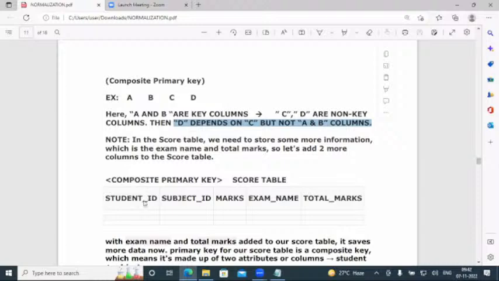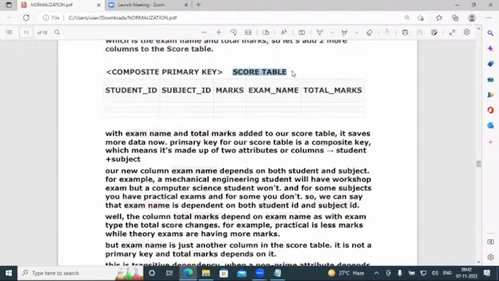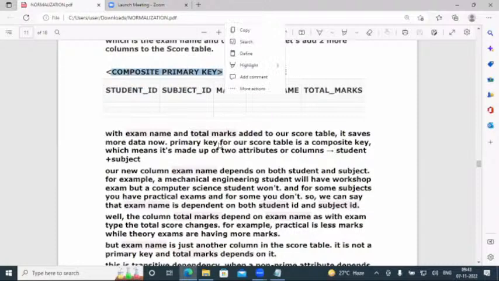Let me see one example here. Again, I'm taking my next-level table, the score table: student ID and subject ID, both are primary key columns. Here are marks, examination name, and total marks. So marks is a fully dependent column, depending on student and subject. Next I have to check examination name.